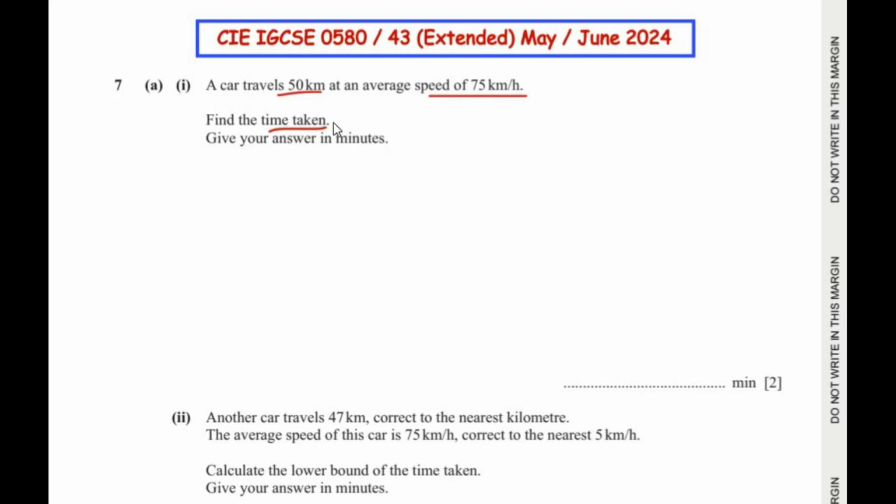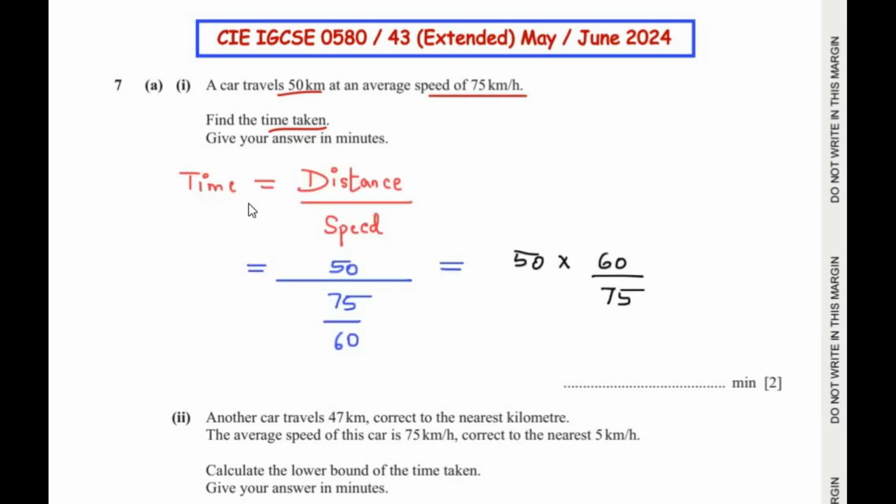So we have the relationship between time, distance and speed as, so here the time is equal to distance over speed. Now distance was given as 50 kilometers, so we have written in the numerator 50 divided by, now the speed is given as kilometers per hour, so I have written here 75 kilometers and I have converted this 1 hour to minutes.